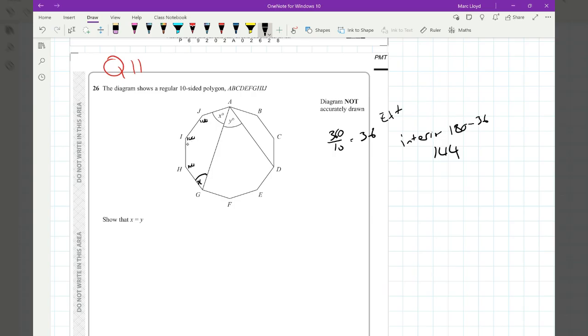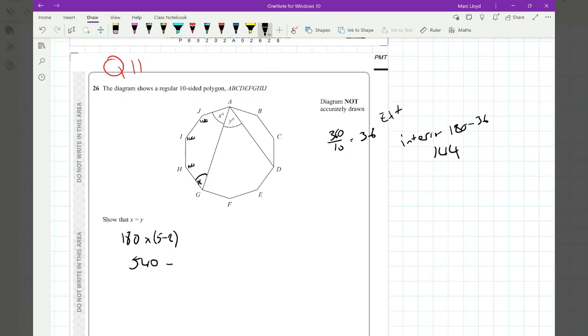So in this left-hand side, we've got 1, 2, 3, 4, 5-sided shape. 180 times by 5 minus 2. 180 times by 3 is 540.